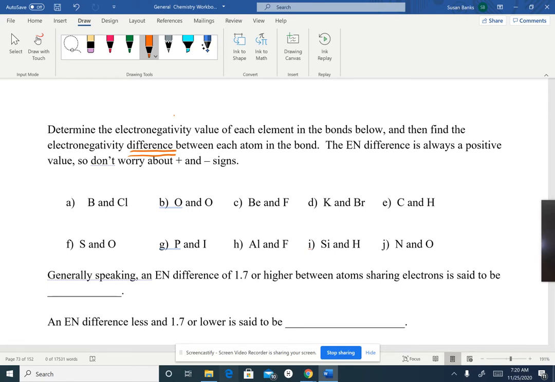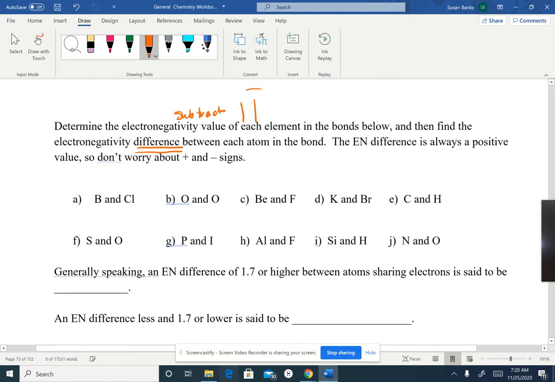Yes, I'm going to subtract. When I subtract the difference between each atom's electronegativity value, we're going to take the absolute value of that number. We don't have negative differences. We're always going to use the absolute value of those differences.